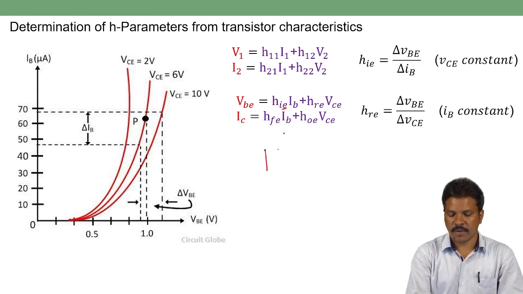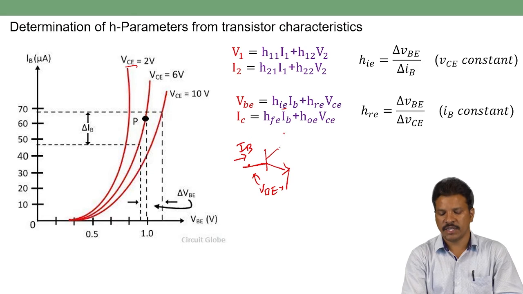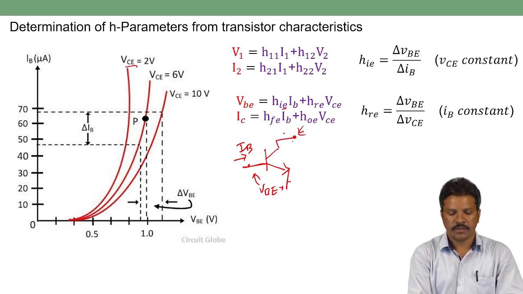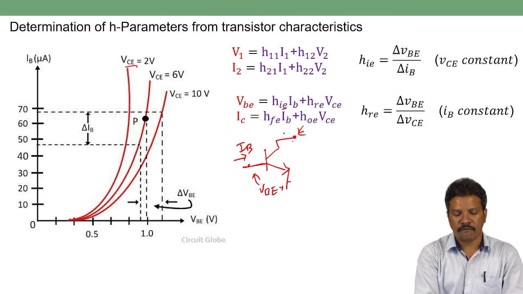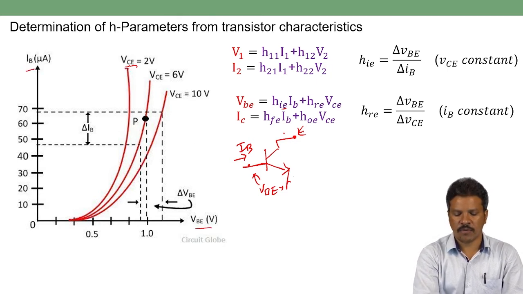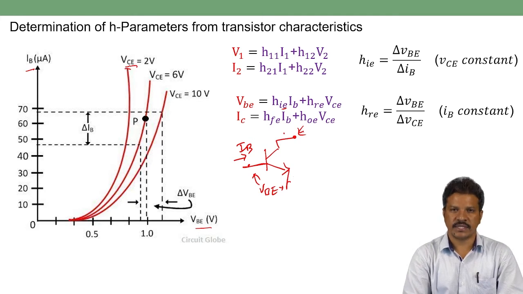It is a graph between input current IB and input voltage VBE, by keeping output voltage VCE, between collector and emitter, constant. Here the graph is IB in microamperes versus VBE in volts, keeping output voltage constant at 2 volts.